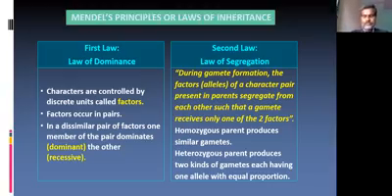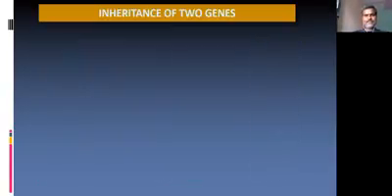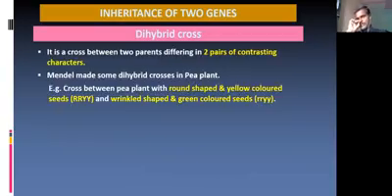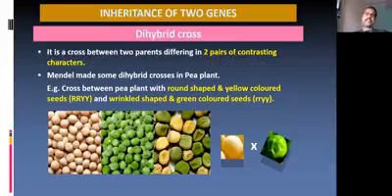And now you will be studying the dihybrid cross experiment. Remember, this experiment was again conducted by Gregor John Mendel. In the dihybrid cross experiment, two contrasting characters are selected from each plant.